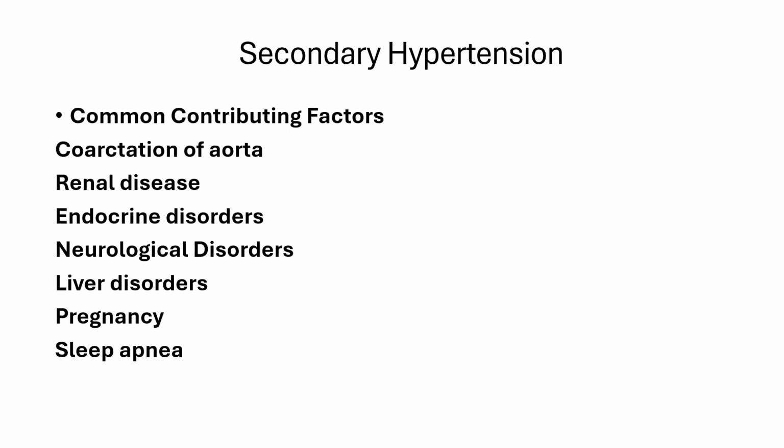Secondary hypertension, here's some things here that can cause people to have high blood pressure. Pregnancy-induced hypertension, PIH. Some pregnant women will have high blood pressure while they're pregnant, and it goes away as soon as they deliver.